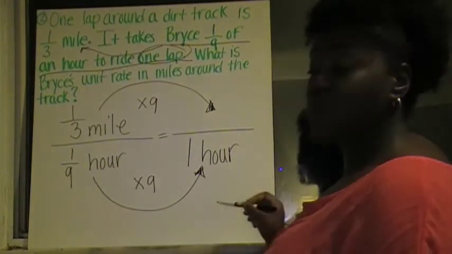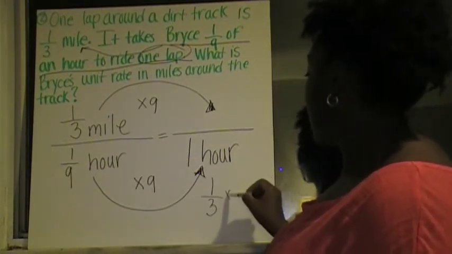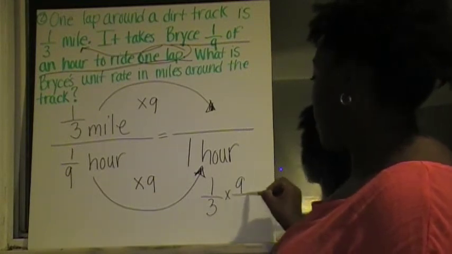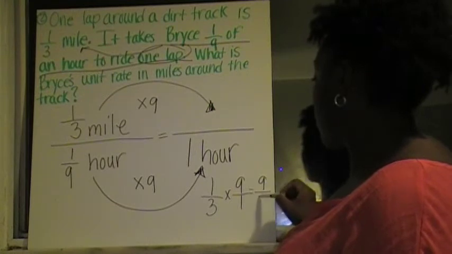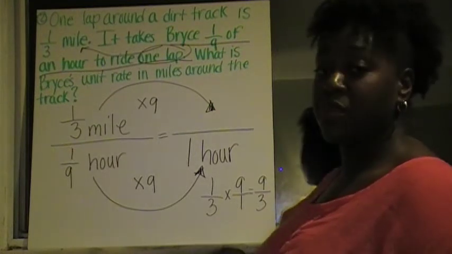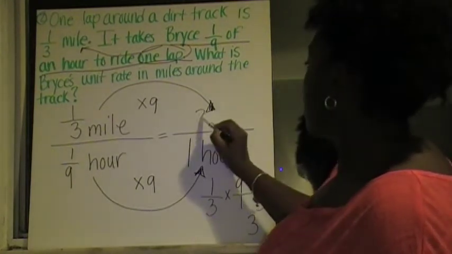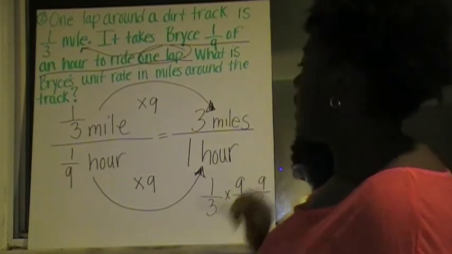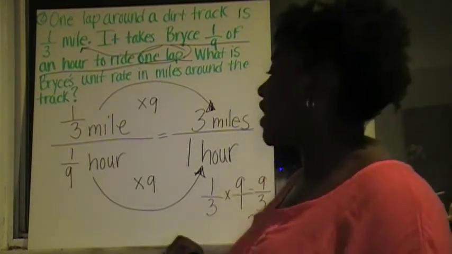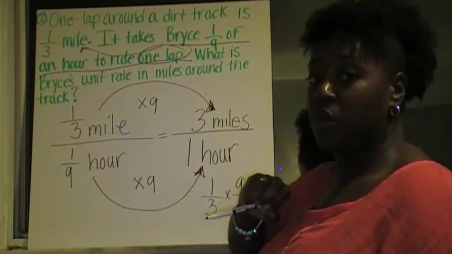So now let's do our scratch work on the side. 1/3 times 9. Going to pop the 9 over 1. This is going to be 9 over 3. Simplify that, which is going to give me 3. So he can go 3 miles in 1 hour if it takes him 1/3 of a mile and 1/9 of an hour.